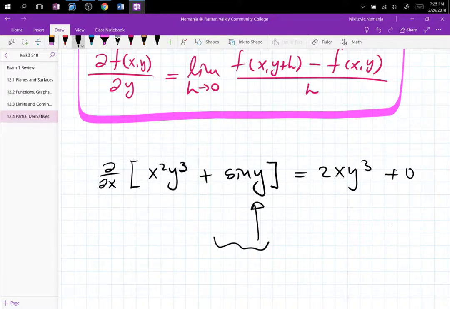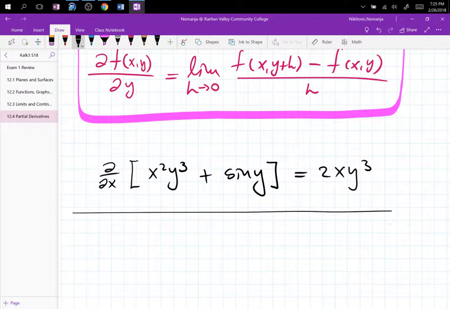If y is constant, then sine of y is also constant, and the derivative of a constant is 0. And that ends this problem. We just focus on x's and keep all y's constant.